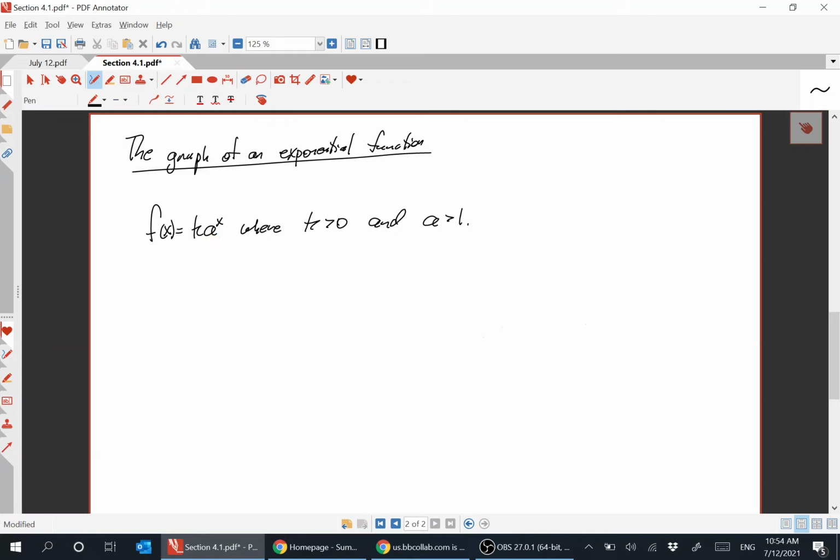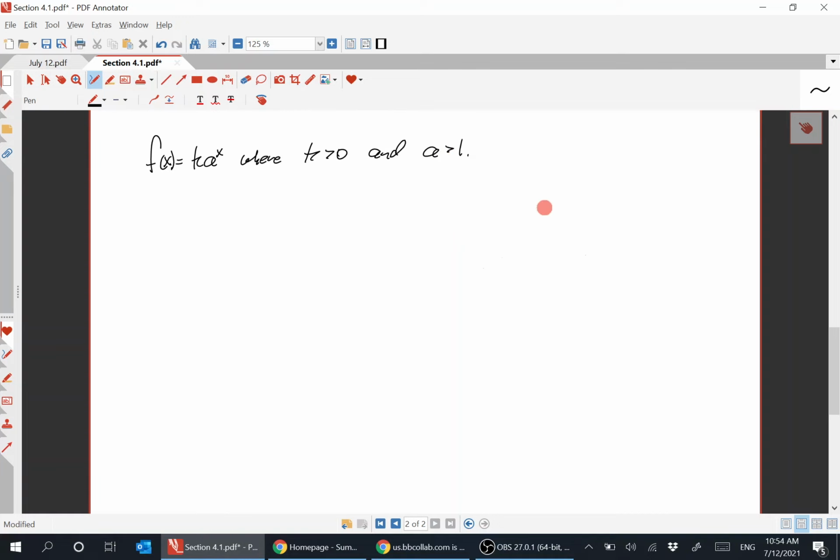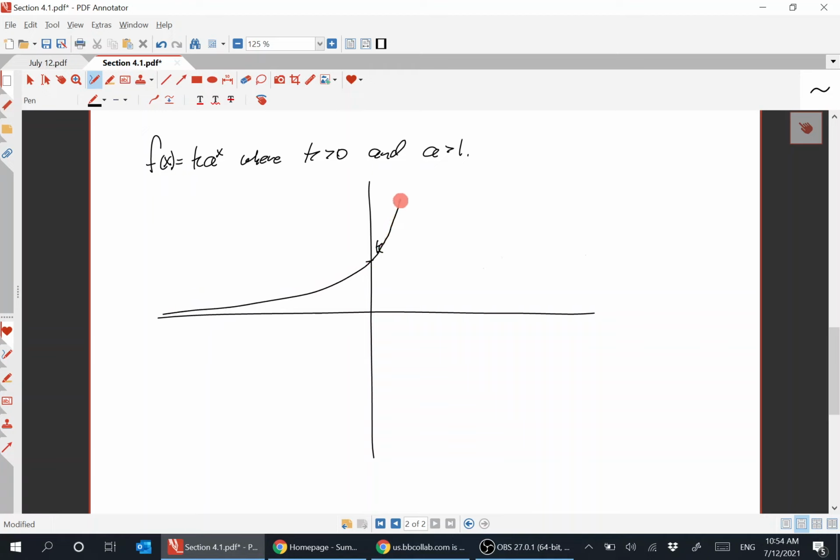The big difference occurs when the base is bigger than 1, less than 1, or equal to 1. So the graph of the exponential function looks like this. Other than that, they all look really the same. So here's k. You have a horizontal asymptote going off to the left, and then it just marches upward to infinity like that.